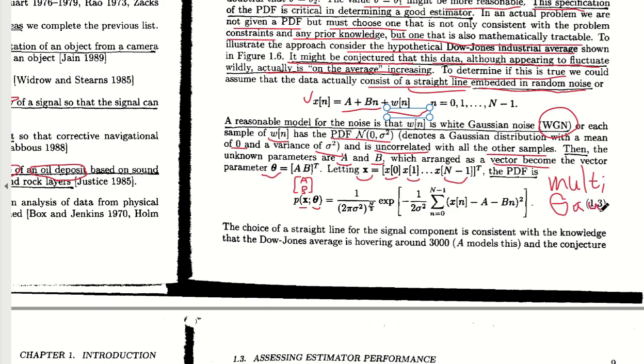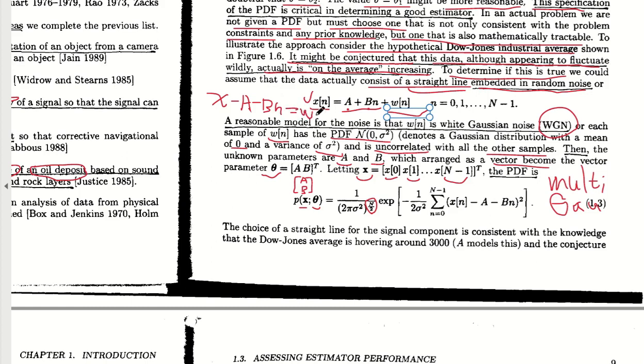You have multiple Gaussians, and you multiply all the PDFs together, you get (2 pi sigma squared) to the power of N over 2, and then exponent of minus 1 over 2 sigma squared, summation of (x[n] minus A minus Bn) squared. How come? If we take x[n] minus A minus Bn, then it will be equal to w[n], right?